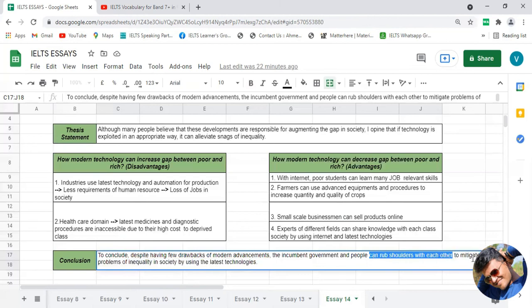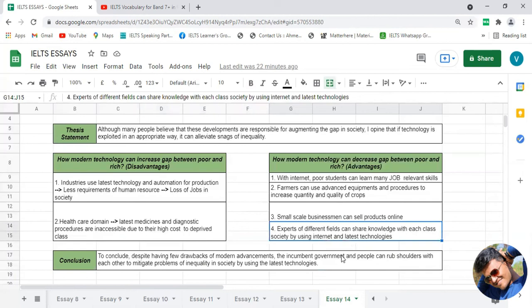To mitigate means solve problems of inequality in society by using latest technology. It means the answer of who would be government and people, and the answer of what would be they can work together to solve this problem and maximize the advantage of this modern technology for decreasing the gap between rich and poor. So friends, this is the conclusion.